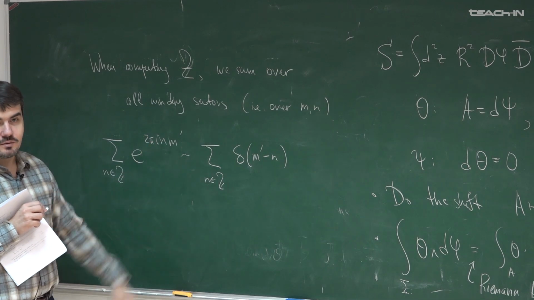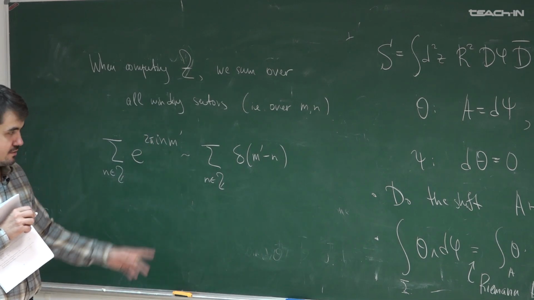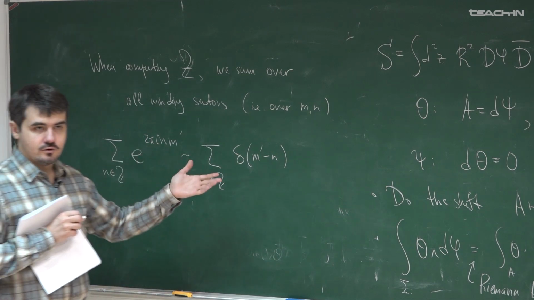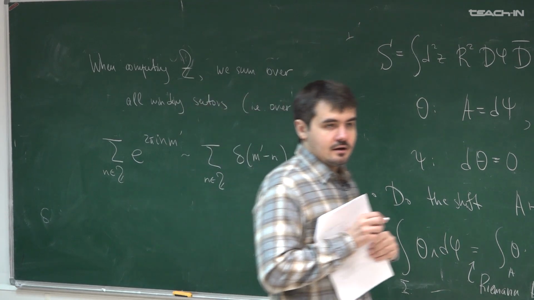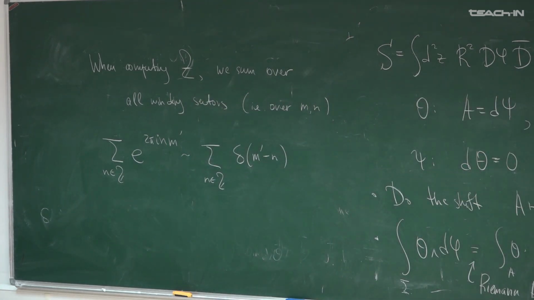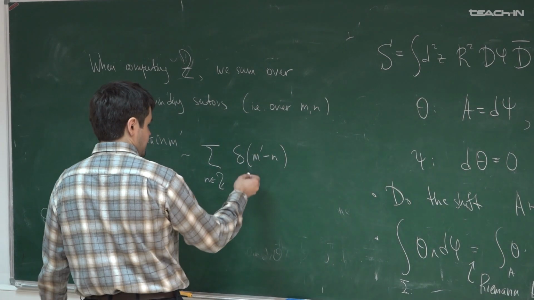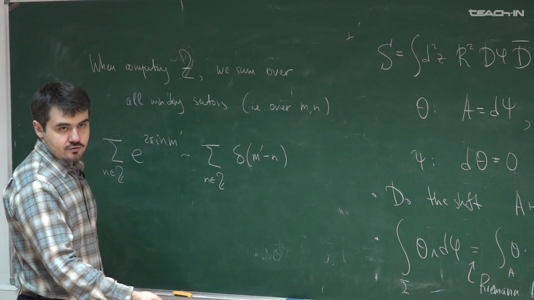But if you think more accurately, you realize that it's a delta function. That's just an identity coming from Fourier decomposition, the completeness of Fourier series. This tells you that m prime and n prime accordingly are integers as well.